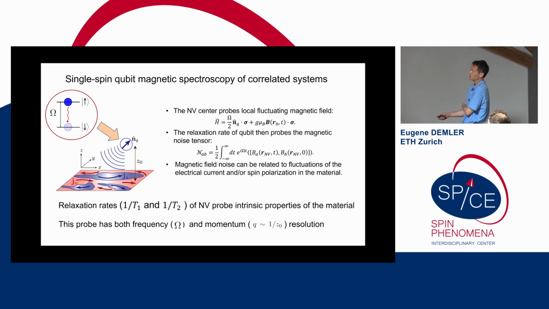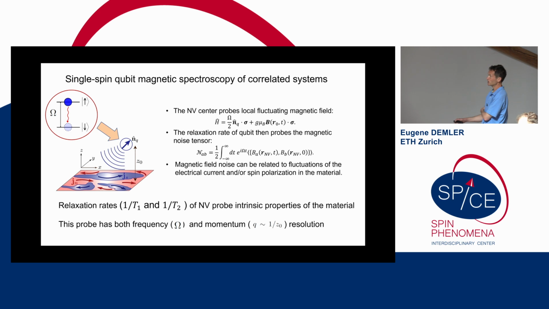The first of these and the simplest one is just currents, right? If we have currents flowing in the system, then by Biot-Savart's law, these currents give rise to magnetic field at the position of the NV center. Therefore, when we measure 1/T1, the rate of relaxation of this NV center to thermal equilibrium occupation, this corresponds to fluctuations of the current in the system. Specifically, we are sensitive to frequency equal to the energy difference between these two level states.